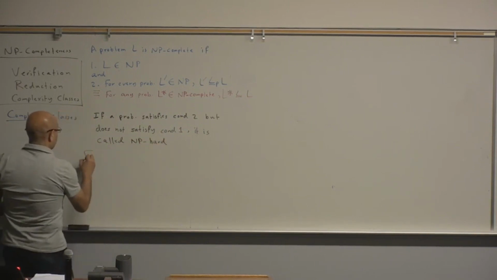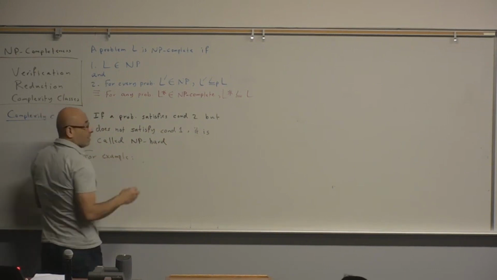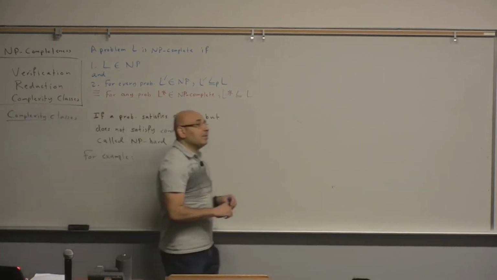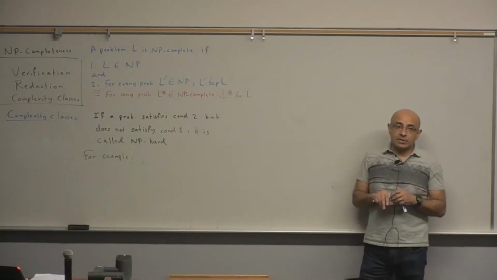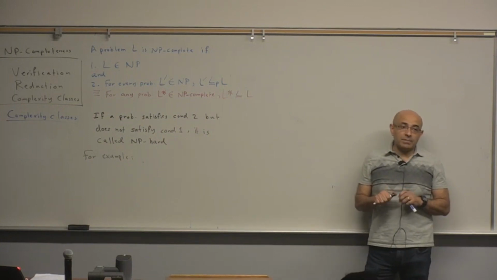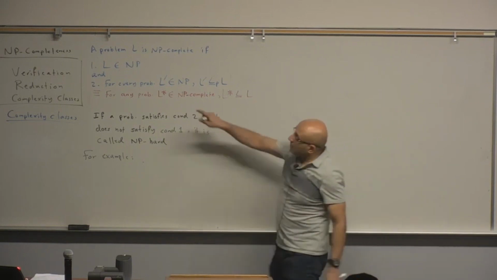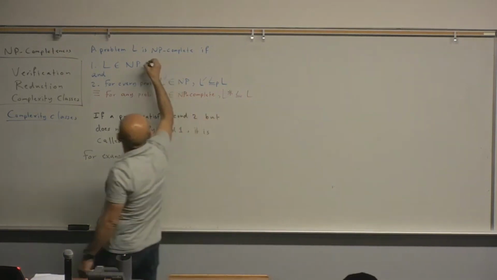So for example, the decision form of the traveling salesman problem, is it NP-complete or NP-hard based on this? Yeah, it's NP-complete because traveling salesman decision satisfies condition number 1. It is verifiable in polynomial time.